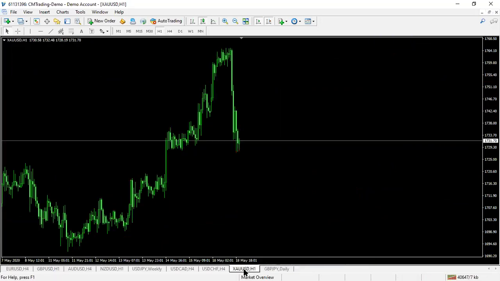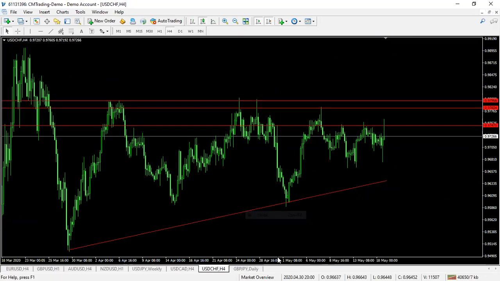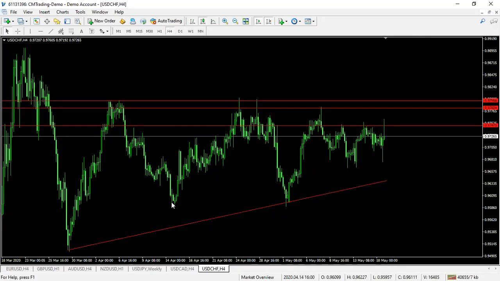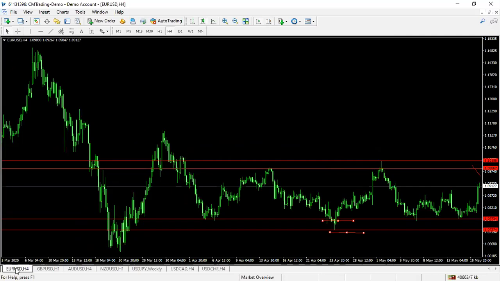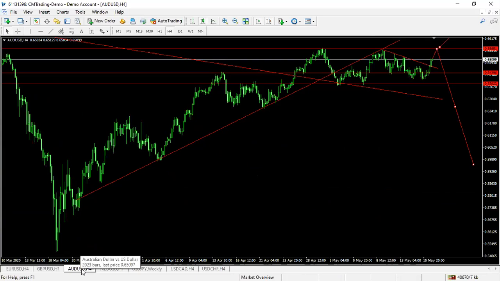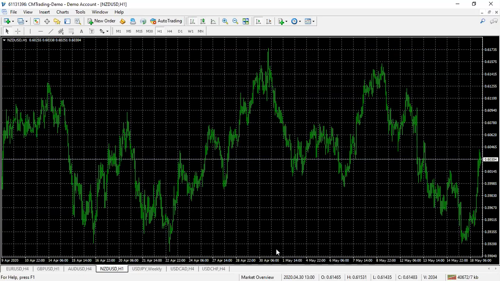So what you need to understand about these currencies is that they always, not always, but they kind of correlate. Okay, you get your logic. But if you get Euro USD in a buy, GBP USD is likely to buy, Australian USD is likely to buy, New Zealand USD is likely to buy.